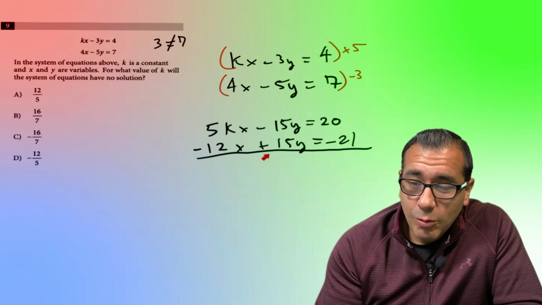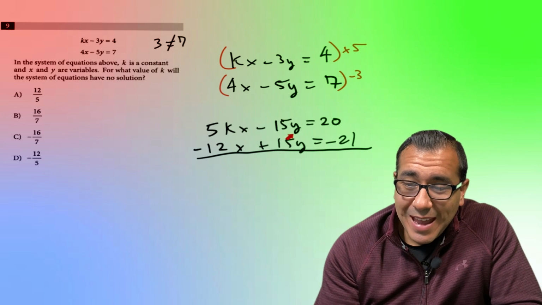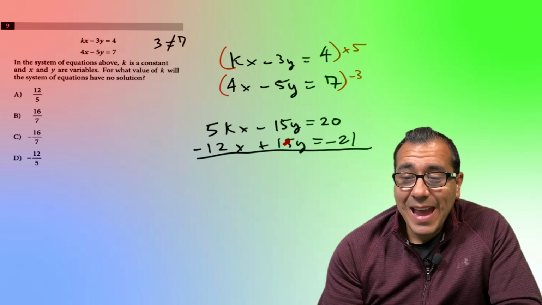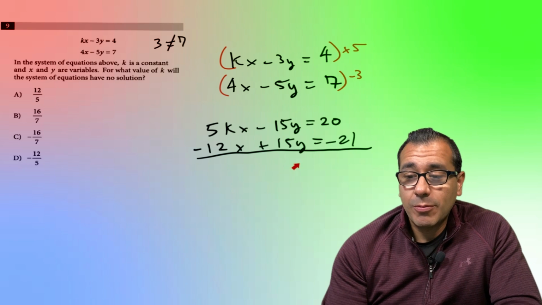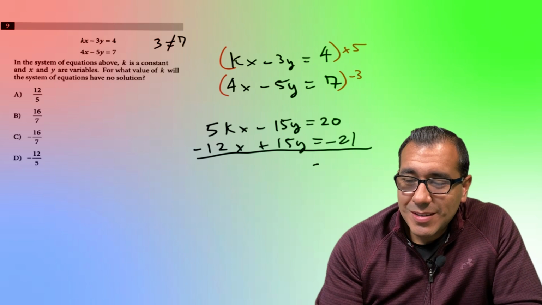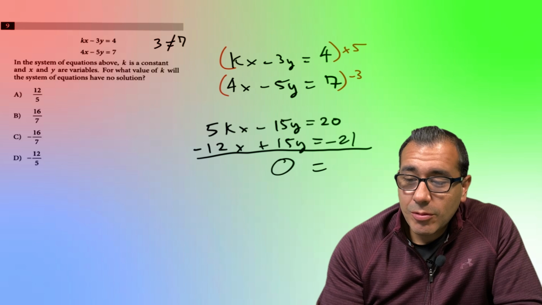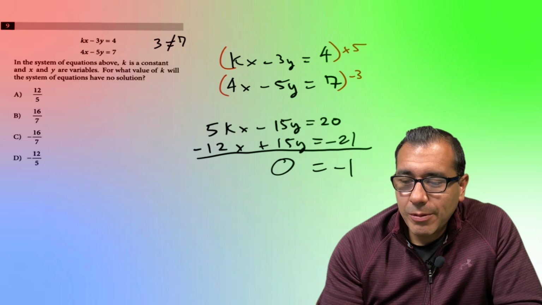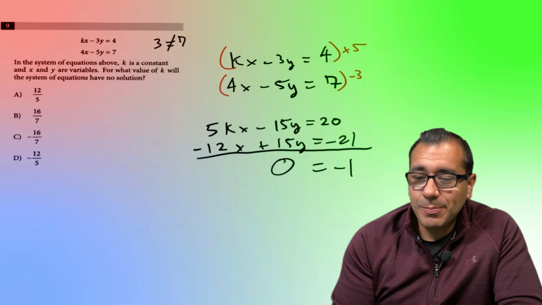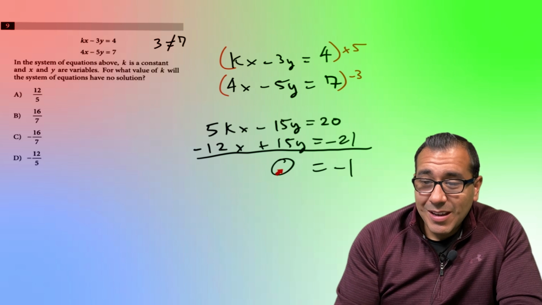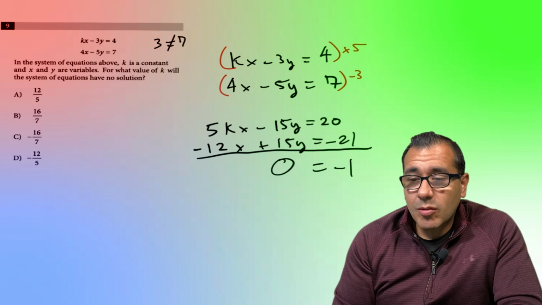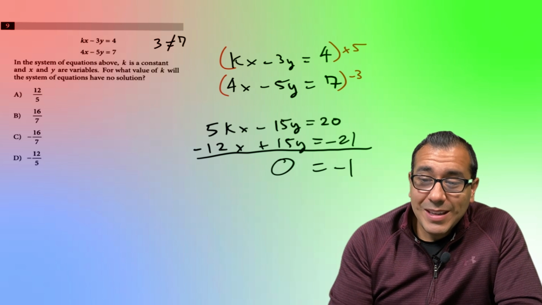So here, of course, when we add them, these x's are going to cancel. So when we add them, we want this to equal 0, right? Because on one side, what we want is we want 0, and on the other side here, we don't care what we want. In this case, it'll be negative 1. But we want this side for the x's and y's to cancel out so that this side we get 0.